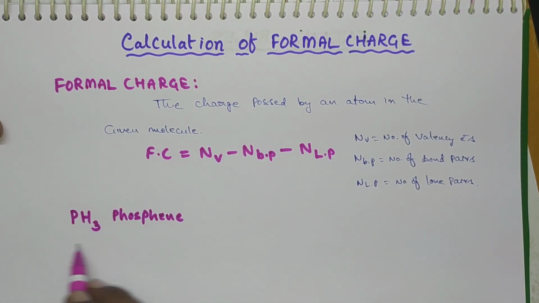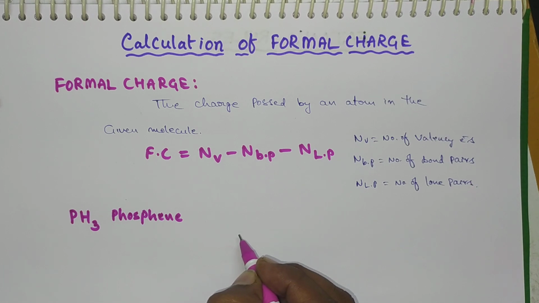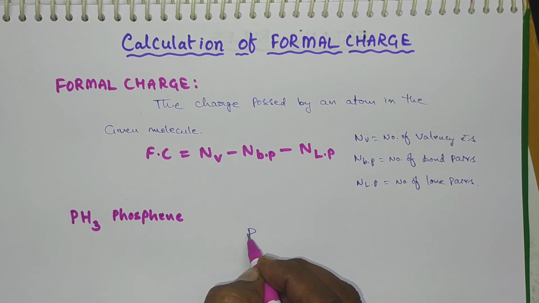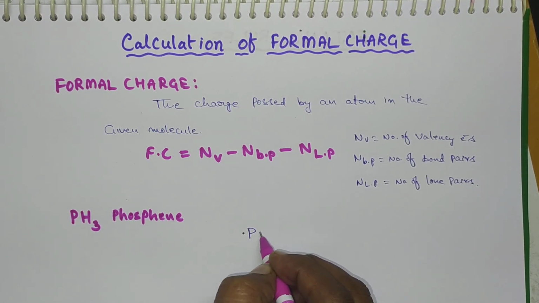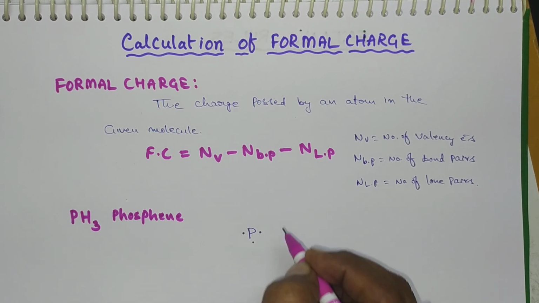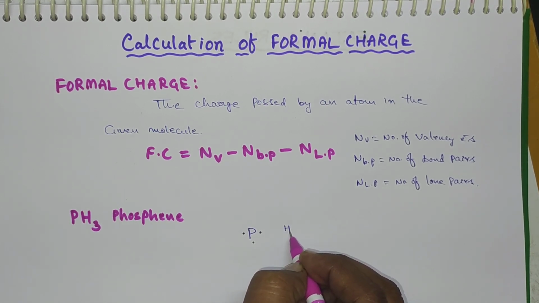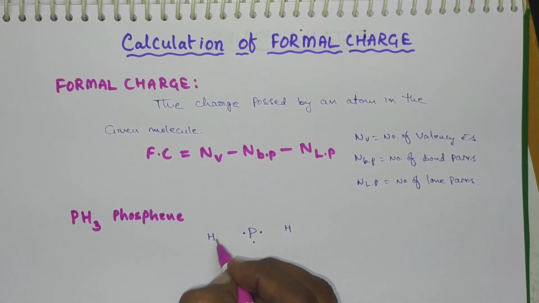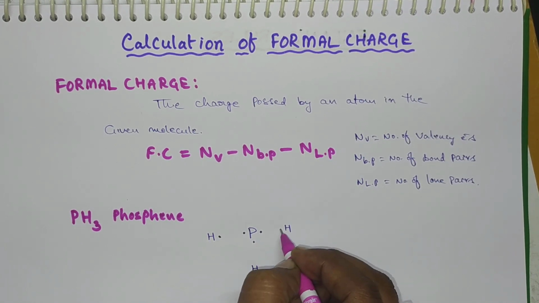In order to calculate the formal charge, we have to know the Lewis dot structure for phosphine. Phosphorus has 5 valence electrons, and there are 3 hydrogens. Each hydrogen atom consists of 1 electron.